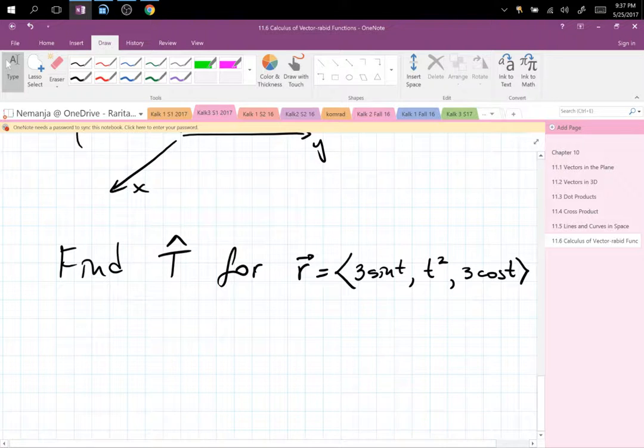What is this? Helix. Oriented which way? Wrapping around the y-axis. Very good. All right. Find the unit tangent vector.